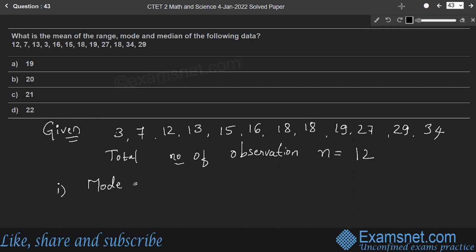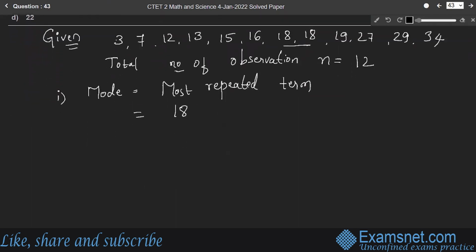The most repeated term of a data is called mode. So here 18 is repeated twice. Here in this case, 18 is the mode of the given data.